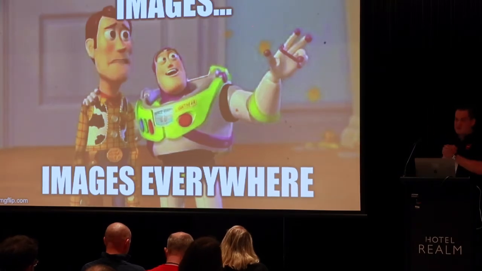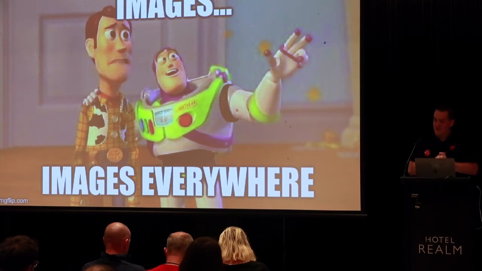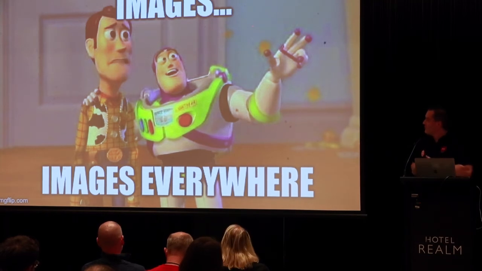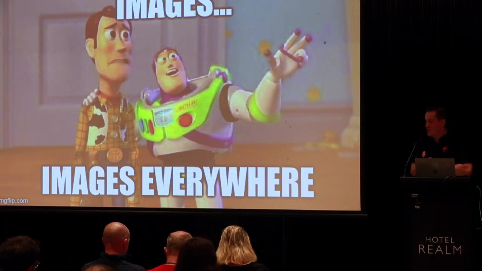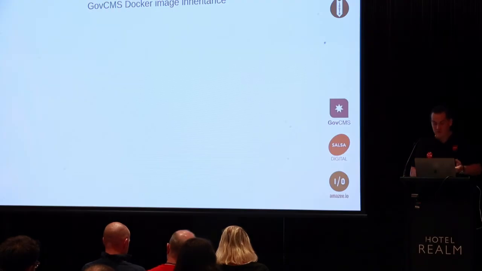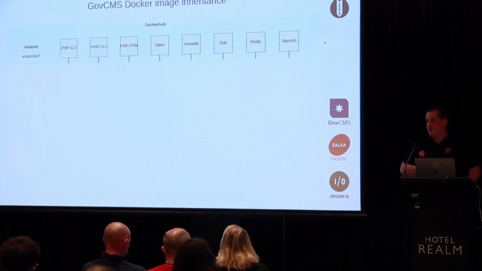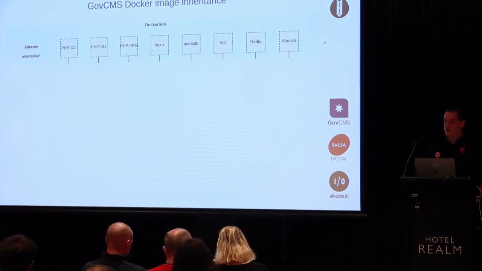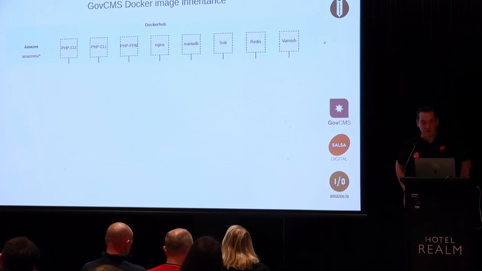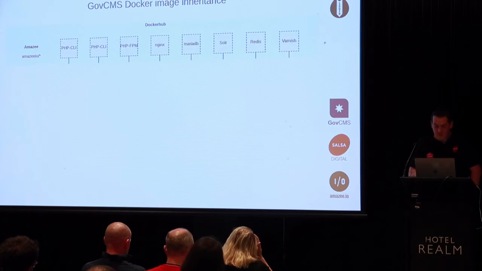Yeah, so that's images. That was a very interesting way we're trying to describe what the images are and how many of them. And yeah, it's getting a bit crazy here. So we are using these standard Amazee.io images for different services such as PHP, Nginx, MariaDB, Solr, as you can see, Redis, Varnish.